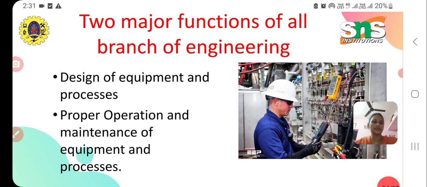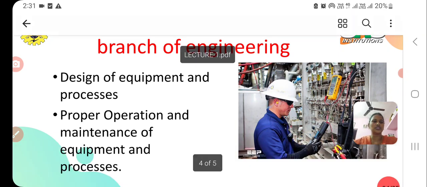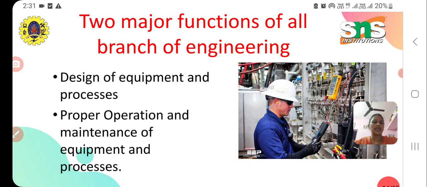The next major function is the proper operation and maintenance of equipment and processes. Any engineering graduate will either go for designing an equipment, or be associated with maintenance or enhancing the equipment's nature. In both regards, measurement plays a predominant role.